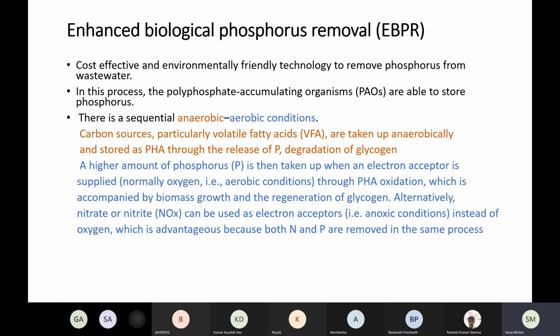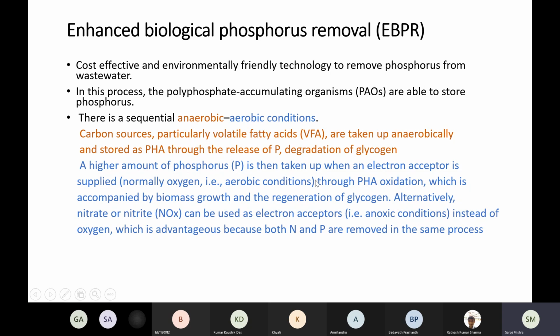Then when you switch to aerobic conditions, a higher amount of phosphorus is taken up by the cells from the outside, when an electron acceptor is supplied. Under aerobic conditions, you are basically allowing either oxygen or some other electron acceptor to come into contact with these phosphate accumulating organisms.